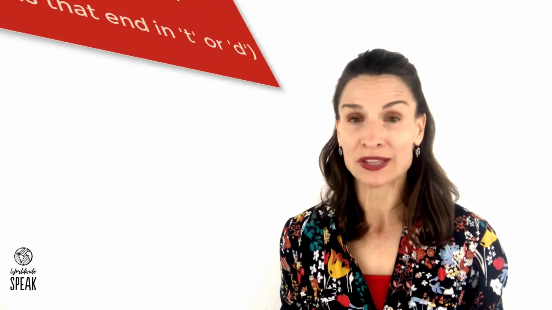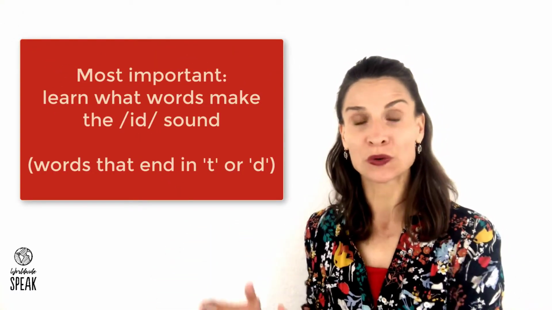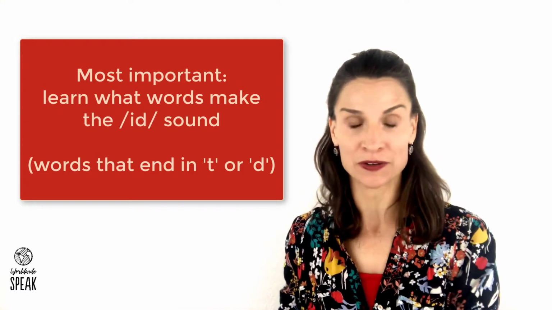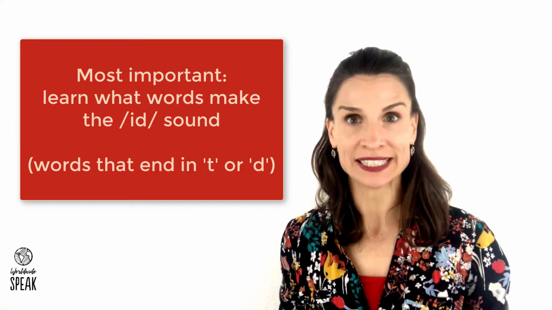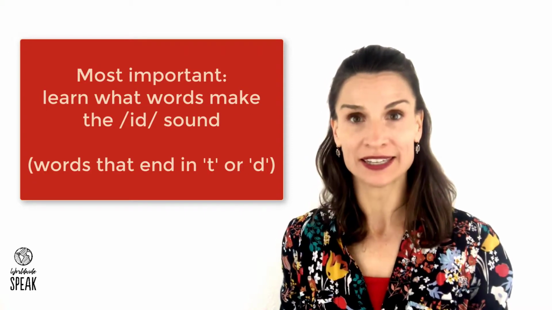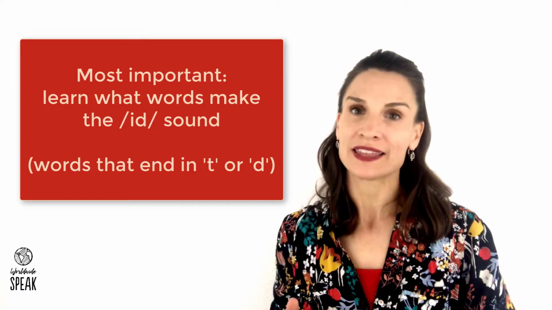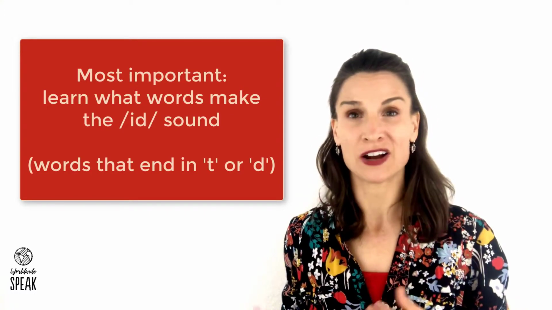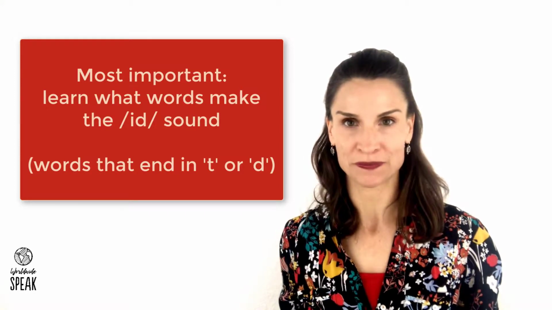The most important thing, in my opinion, is to study which words get this ED sound. And those are words like want, wanted, need, needed, words that end with a T or D sound. Because the other groups are similar, this is the most important difference to learn.